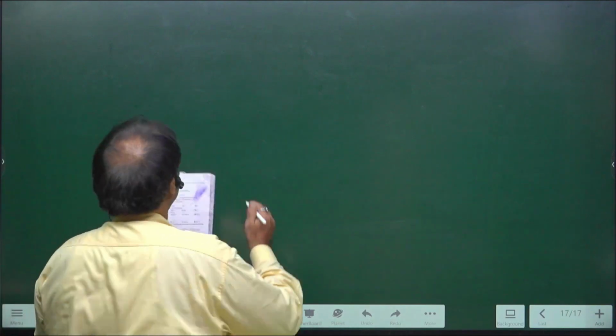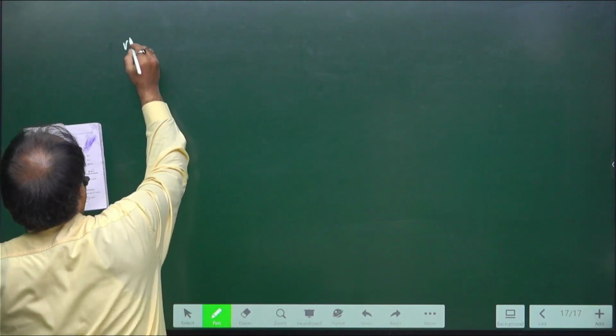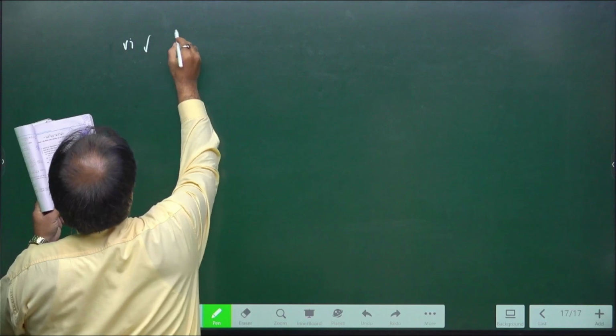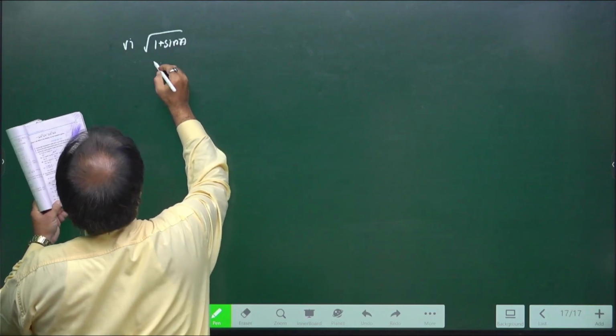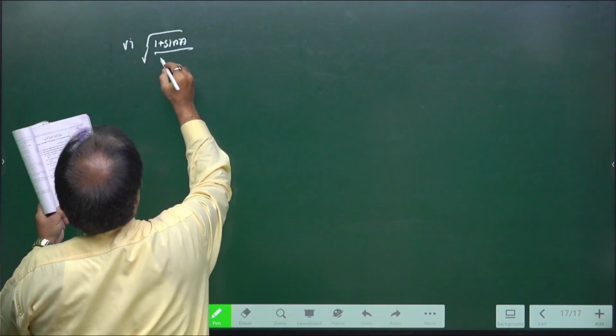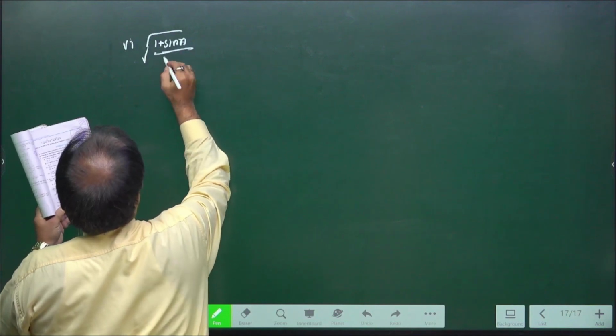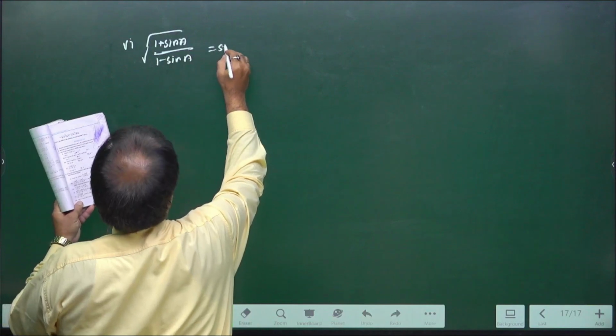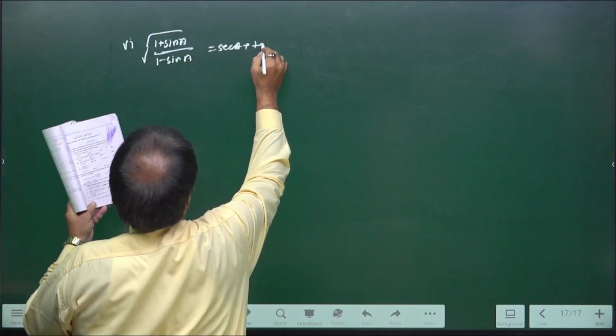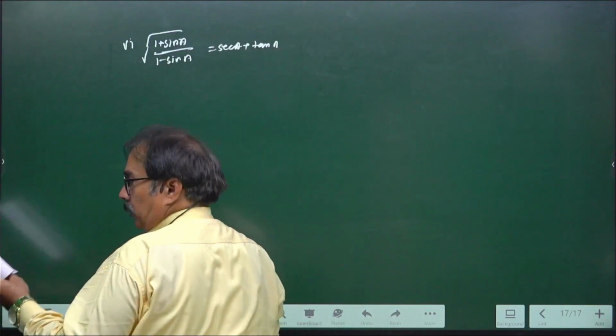Okay, the next question I am taking is the sixth part: root over (1 plus sine A divided by 1 minus sine A) is equal to secant A plus tan A. This is the question.